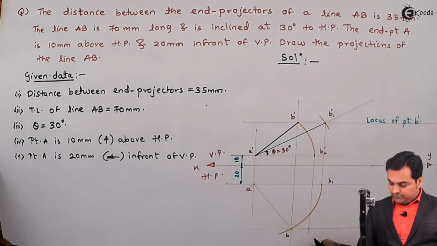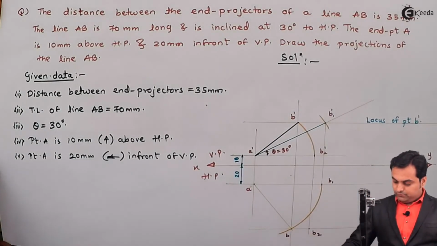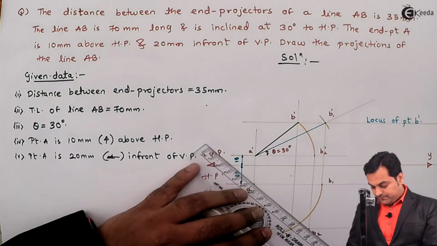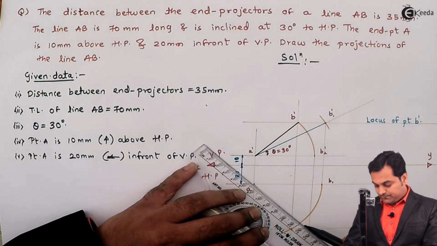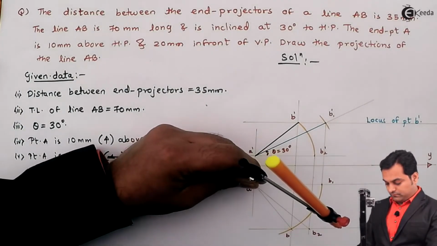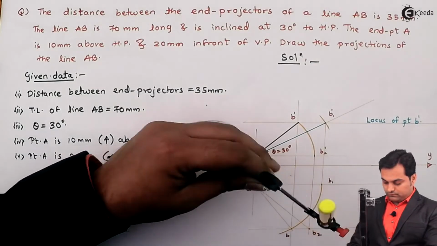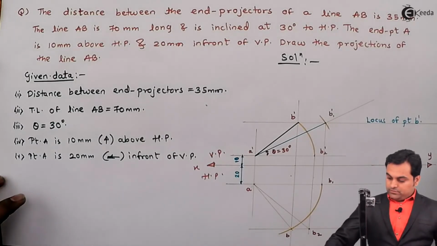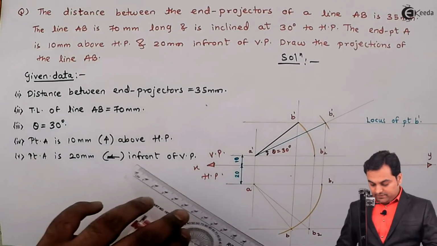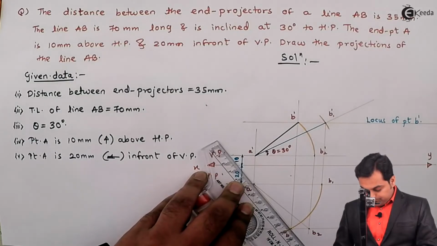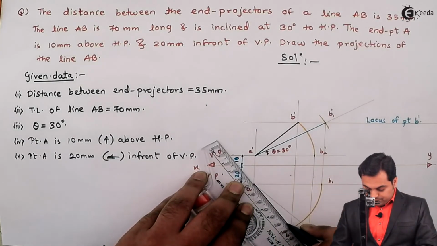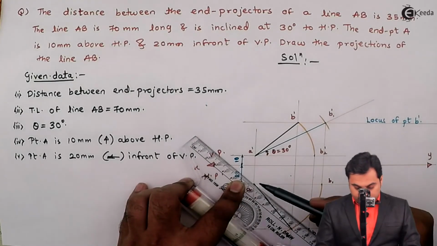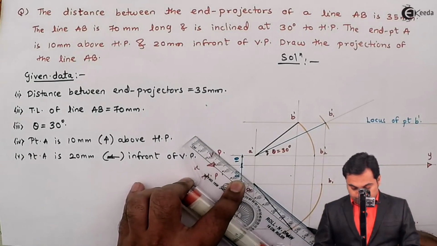So that it gives me the point B2, joining it with A. So the true lengths are coming to be the same. Then I'll make AB dark, A to B2 medium dark.